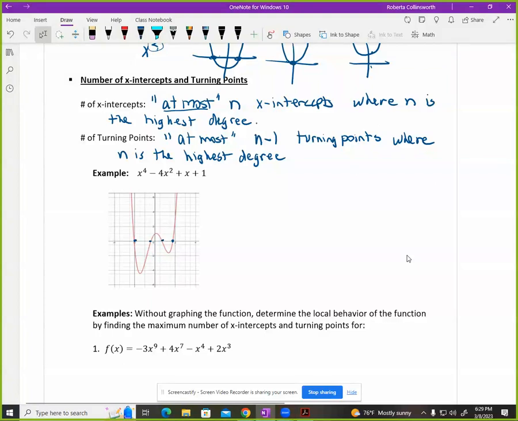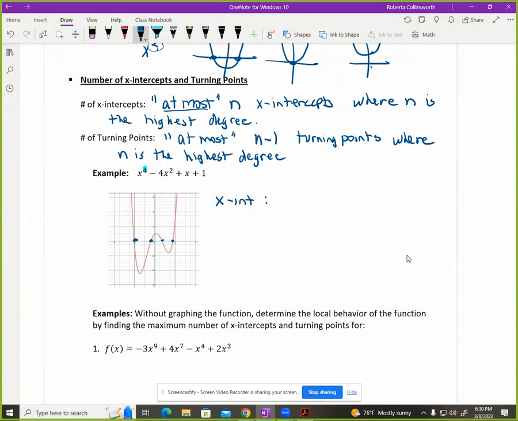Okay, so let's look at this example. This is a 4th degree polynomial. I see that because my highest exponent value is 4. So we call it a 4th degree polynomial. So my x-intercepts could at most be 4.